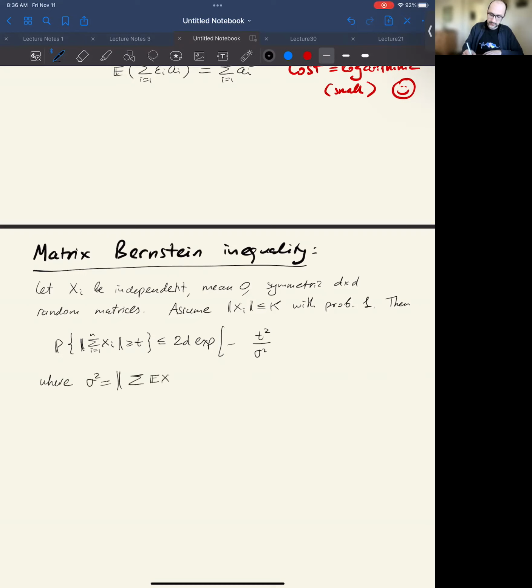It's this thing. Let's call it the matrix variance, the direct analog of the usual variance of the sum.